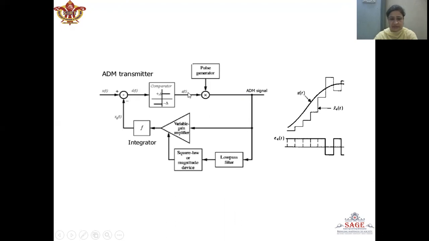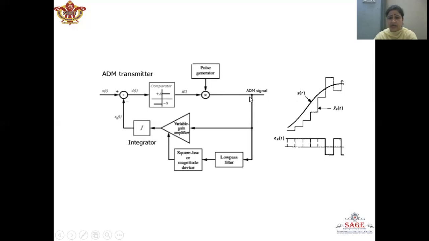We will generate a quantized output. Now here we have a product modulator. The product modulator has another input, the pulse generator. Now if the error is positive for more than 2 or 3 samples, the pulse generator output will be multiplied with the positive error sample and the output will be positive.